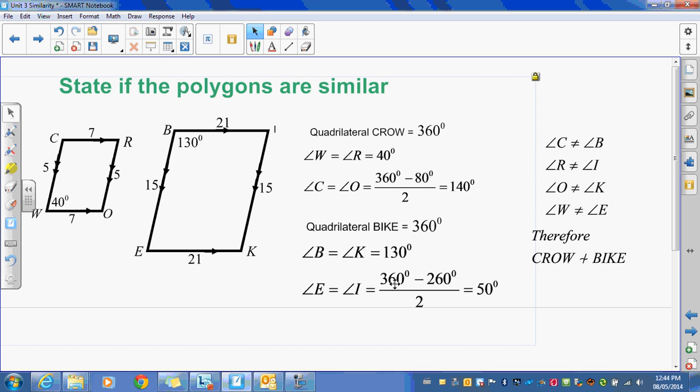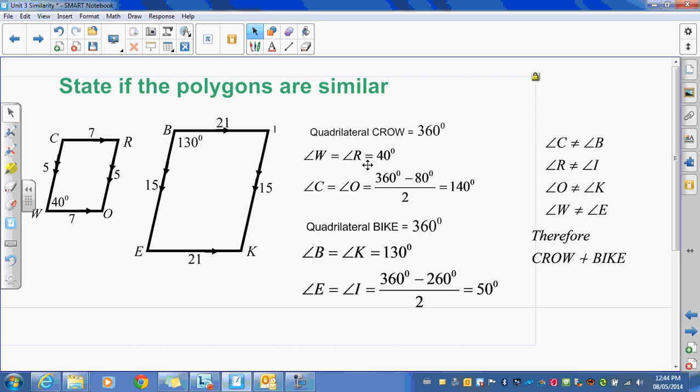So if we take 360 degrees, subtract angle B and angle K, which would give us 260 degrees, and then divide that number by 2, we would get the measure of angle E and therefore the measure of angle I, which is 50 degrees.